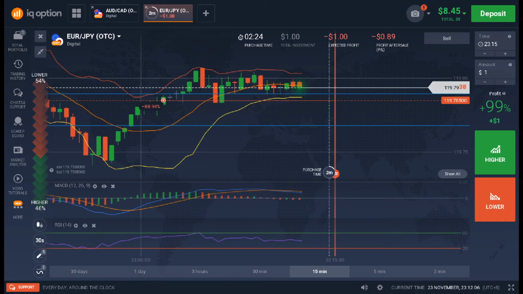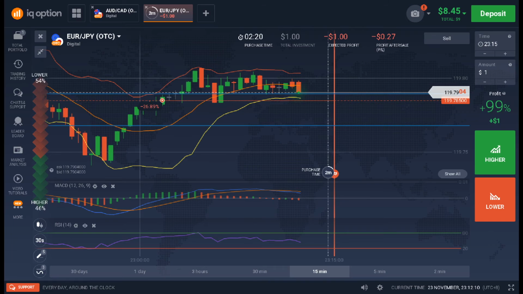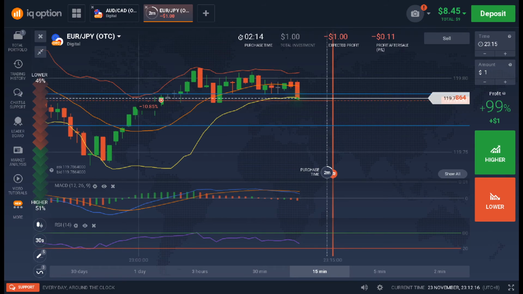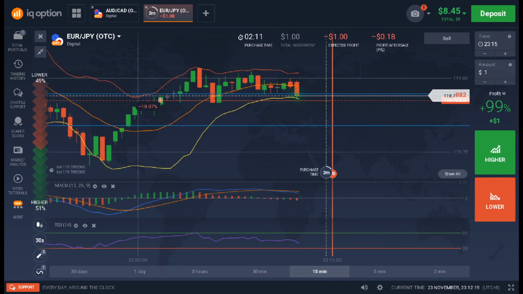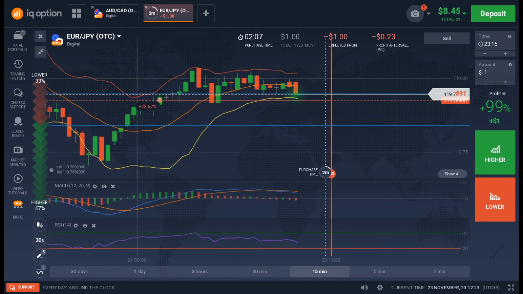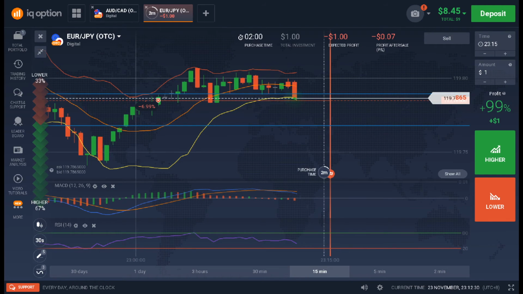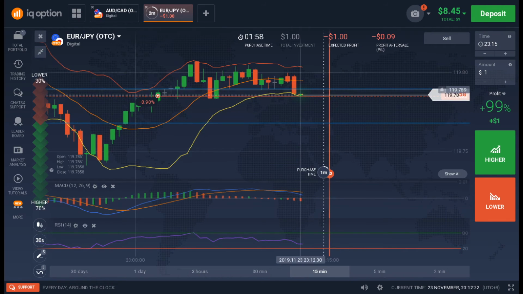For all my trades, it should only be $1 each time. That's why the movements are really, really slow. But the objective of this exercise is really for me to execute my analysis and see if it goes against my analysis or not. It's all about acquiring that skill, you know. So far, let us see.